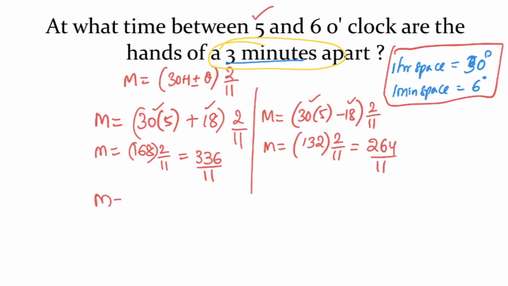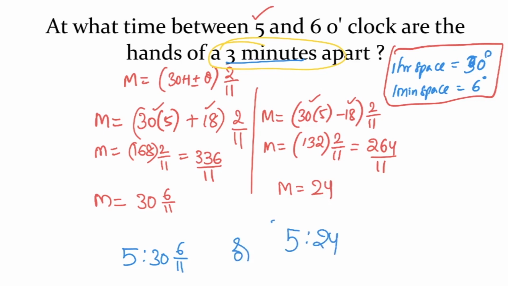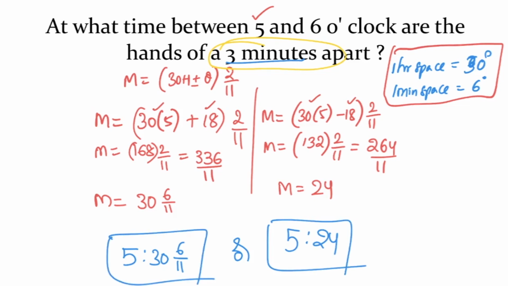So number of minutes is equal to 30 6 by 11, or number of minutes is 24. So the possible answers are at 5:30 6 by 11 or at 5 hours 24 minutes. In these two cases, both the hands are at 3 minute spaces apart.